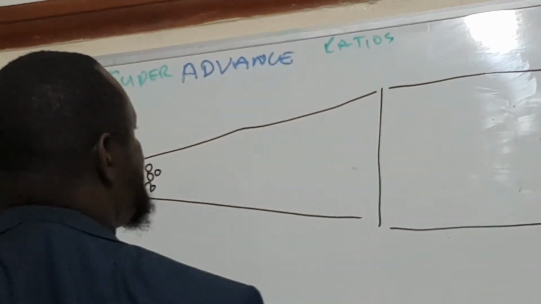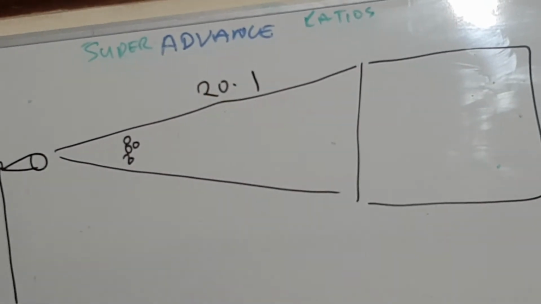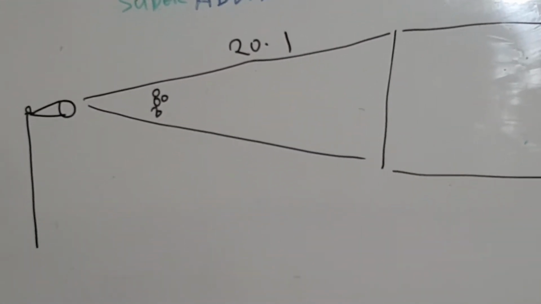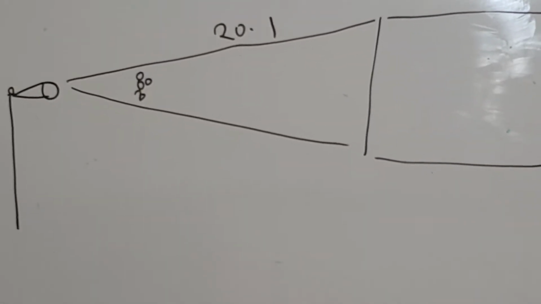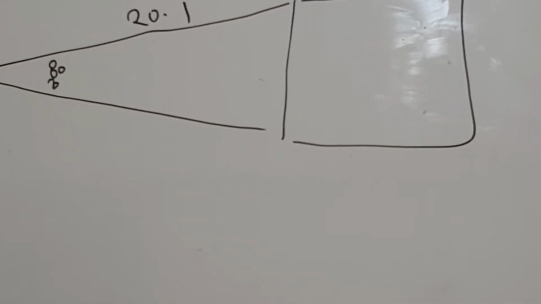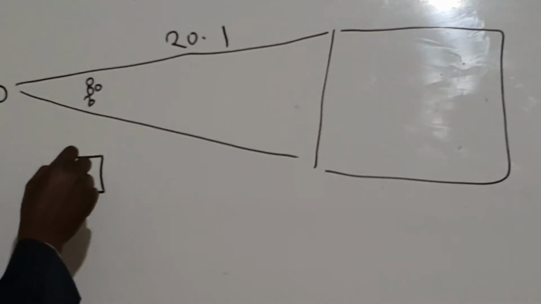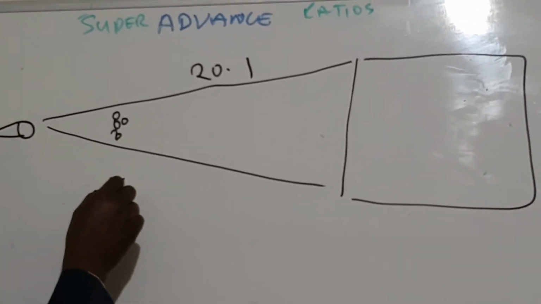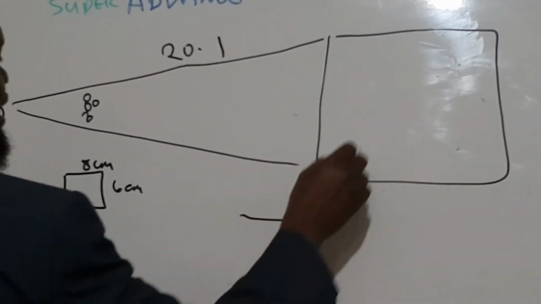So it enlarges it to 20:1. Now, what will be the size of an image of 8 centimeter by 6 centimeter on the screen?